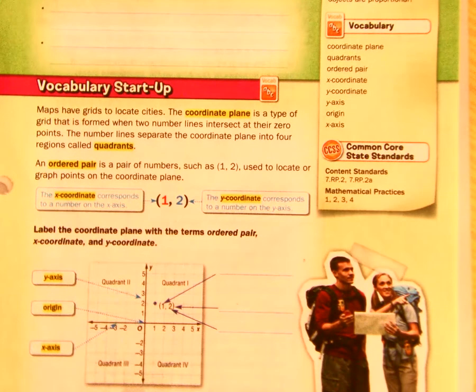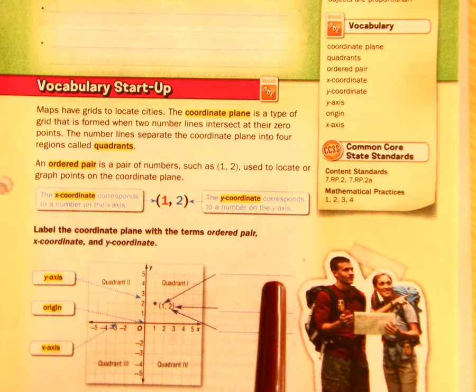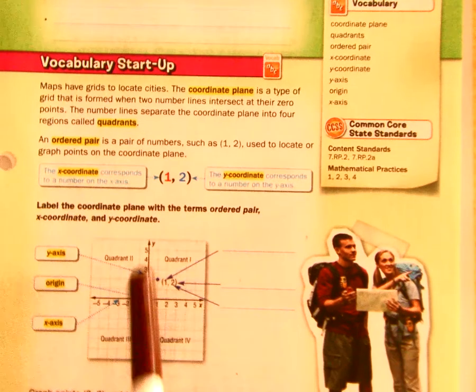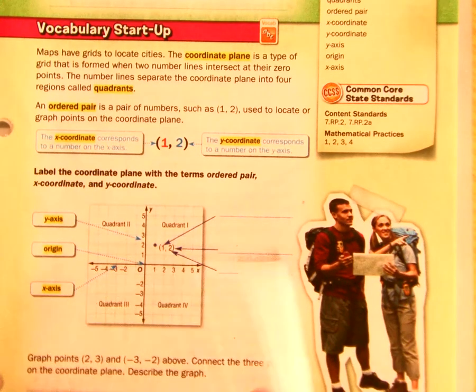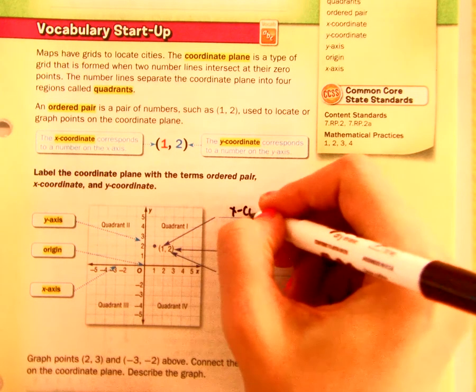The x-coordinate corresponds to the number on the x-axis, and the y-coordinate corresponds to the number on the y-axis. So the first number in our point is always the x-coordinate, and the second is always the y-coordinate. So if we're going to label the coordinate plane with the terms ordered pair, x-coordinate, and y-coordinate, if we look at quadrant 1 here, the number 1 is our x-coordinate because it is our first value.